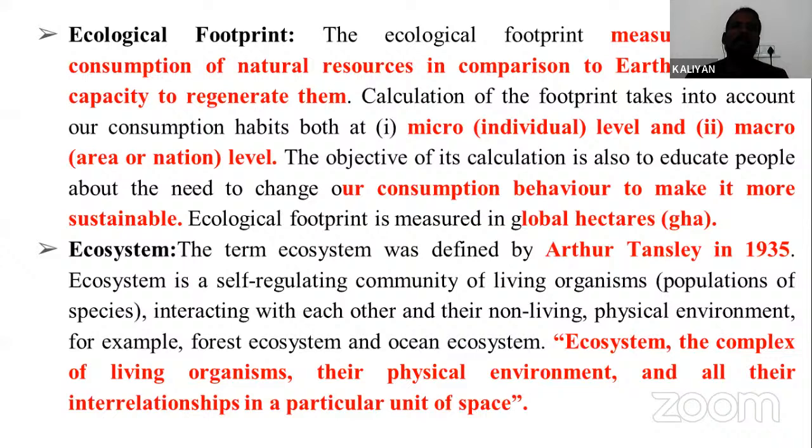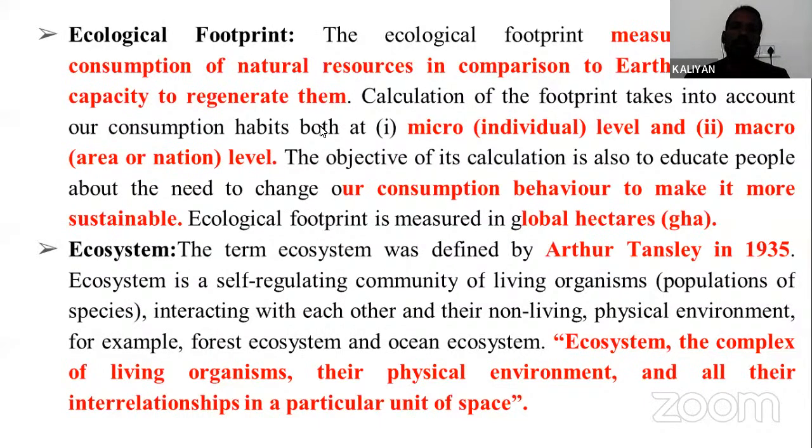As humans, how many natural resources they consume, compared to how many natural resources are available on Earth and how they regenerate. This measurement is called the ecological footprint. It is accounted at micro level and macro level. Micro is the individual and macro level is national or area level.